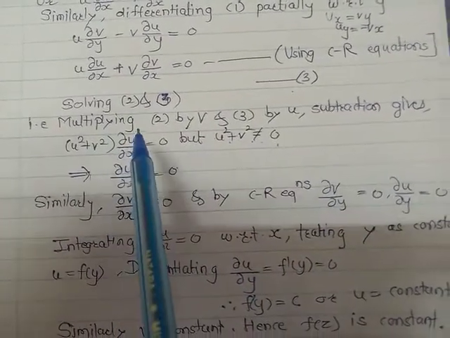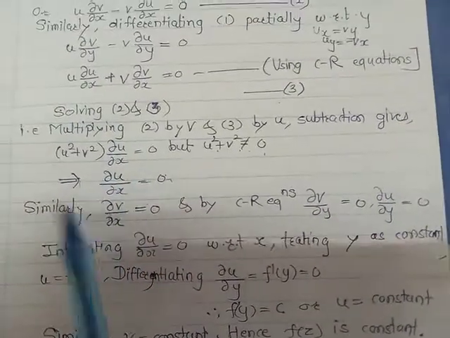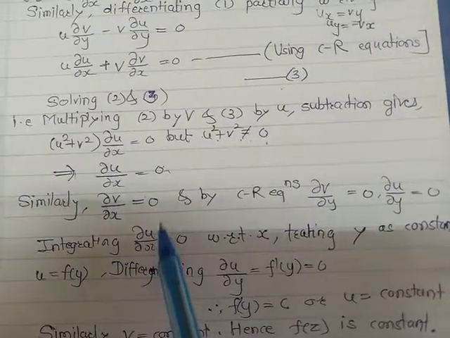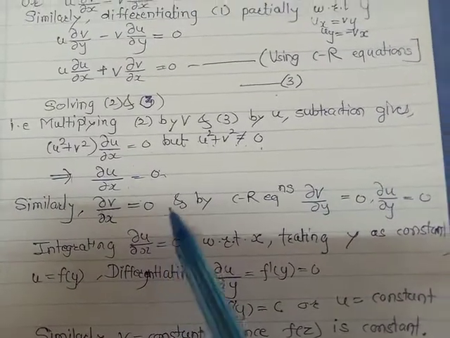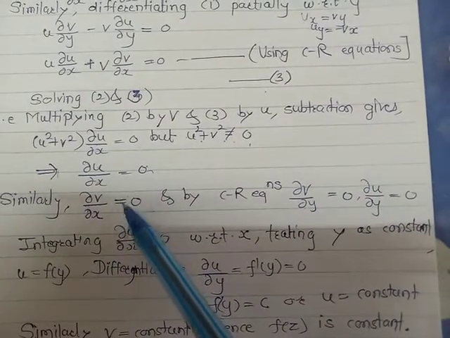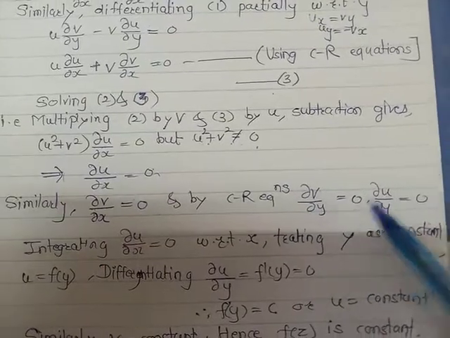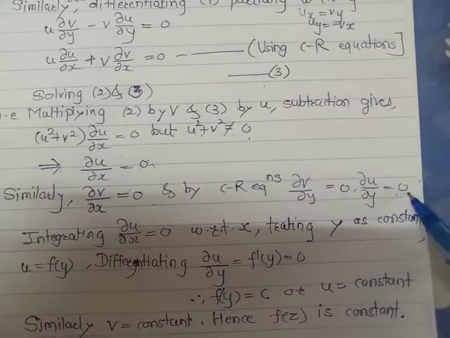So we can say ∂u/∂x must be 0. And in the same way we can say ∂v/∂x is 0. Now by CR equations, ux is vy and uy is minus vx. So ∂v/∂y will be 0 and ∂u/∂y will be 0.